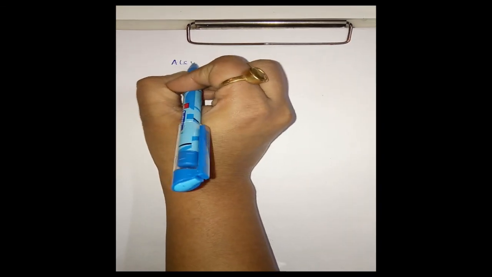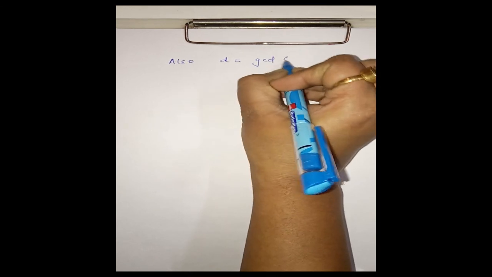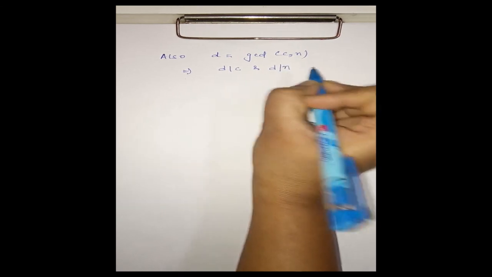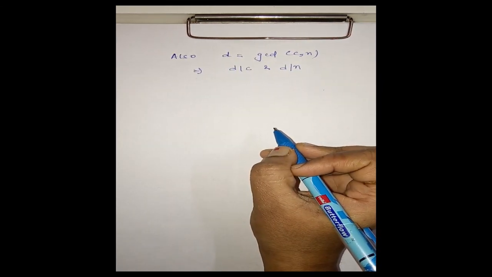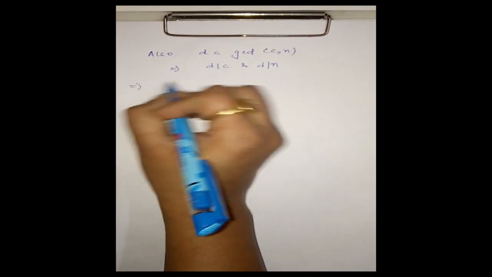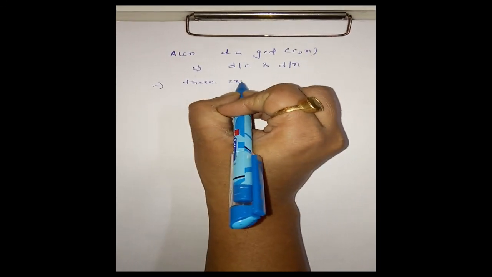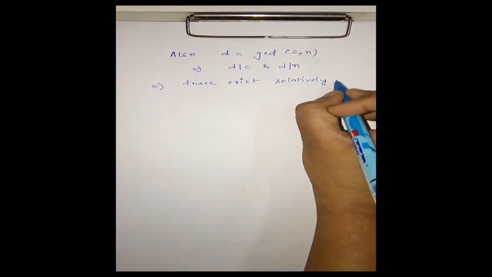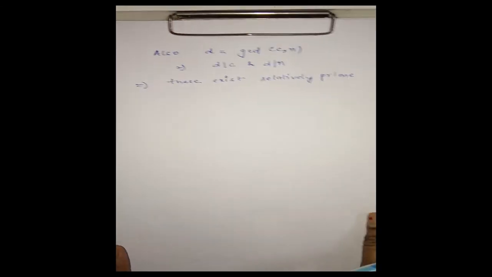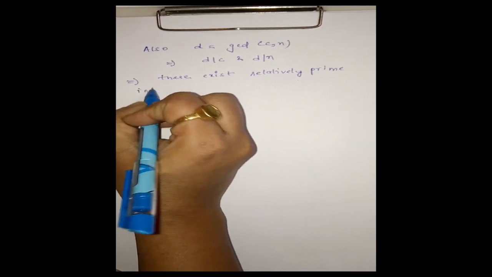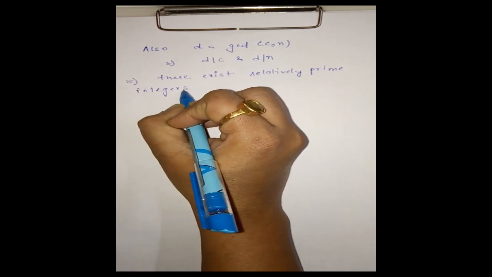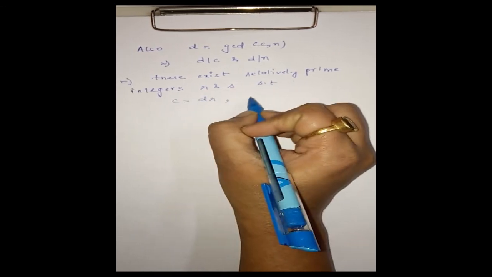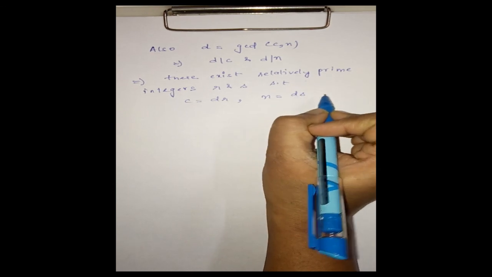Also, D is the GCD of C and n. This implies D divides C and D divides n. So there exist relatively prime integers, meaning GCD is 1, r and s, such that C is equal to Dr and n is equal to Ds.